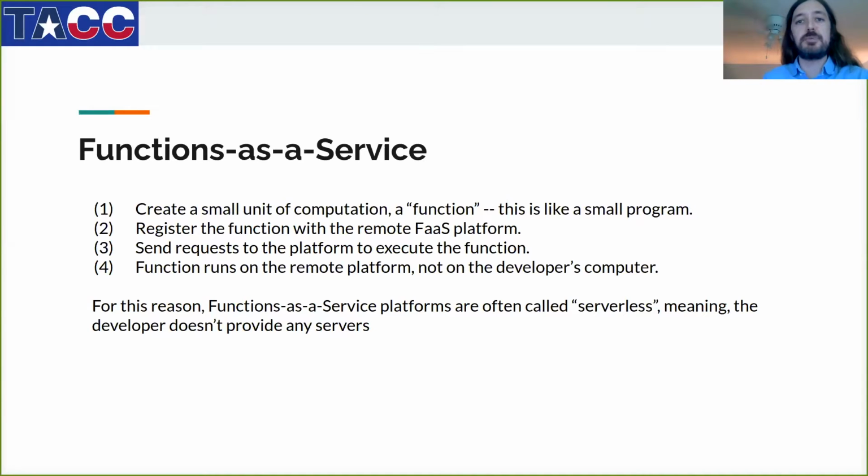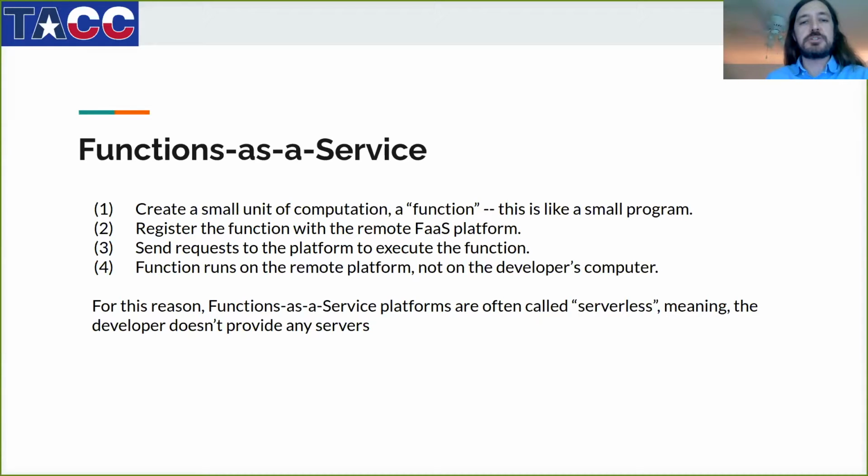I think there was a nice presentation in the first talk about using AWS Lambda as functions as a service, and probably lots of people are familiar with the concept, but I wanted to give a quick overview for those who may not be. With functions as a service, you create a small unit of computation called a function. You can think of this as a little program, and you register it with the FAS platform.